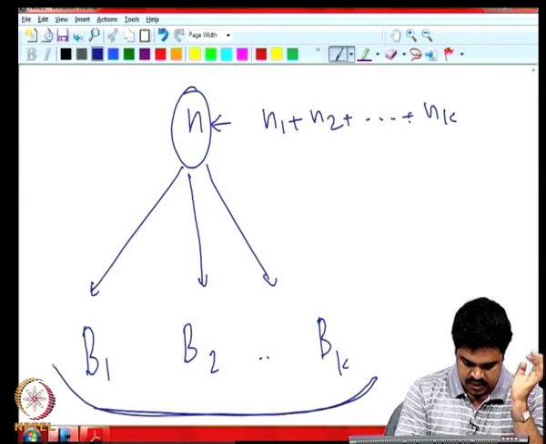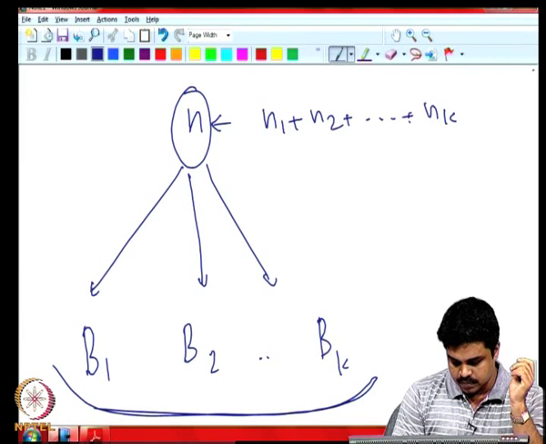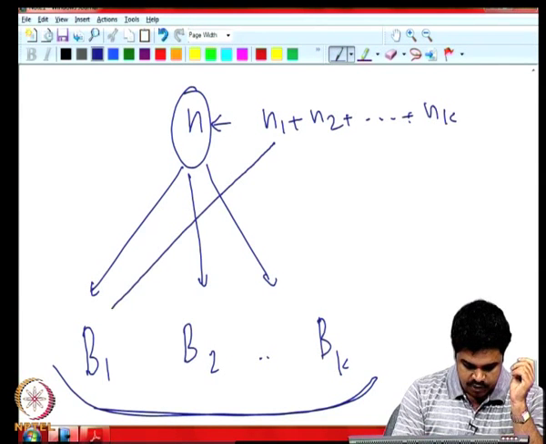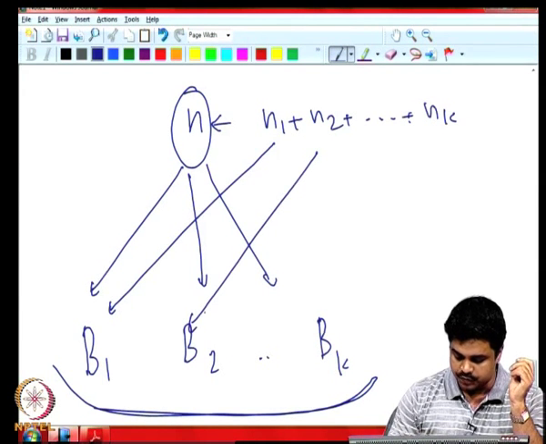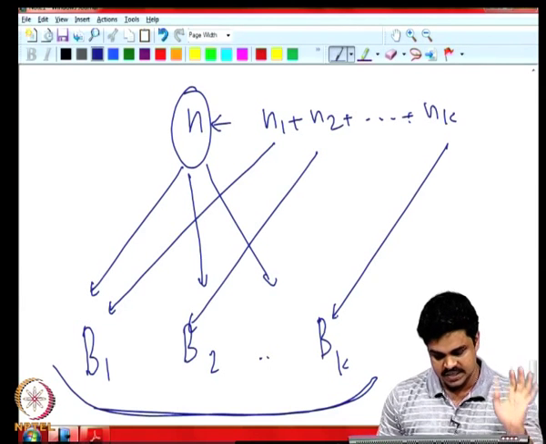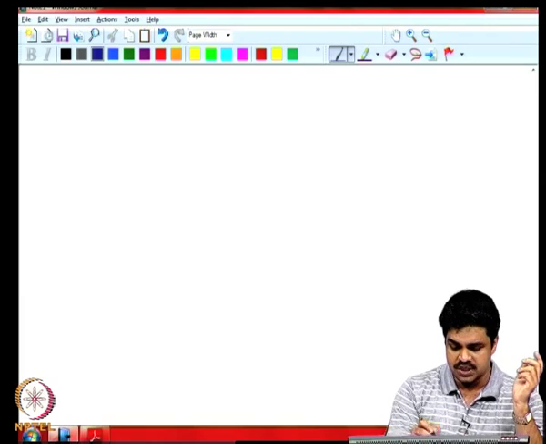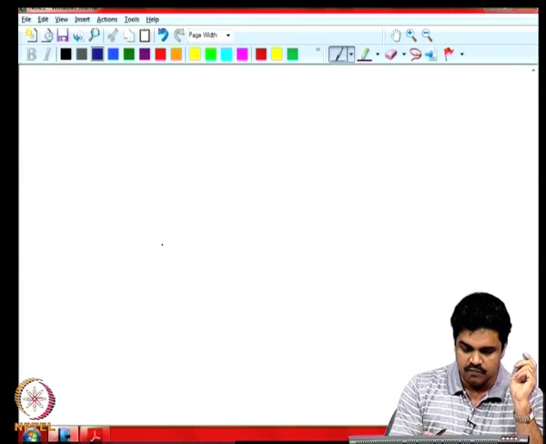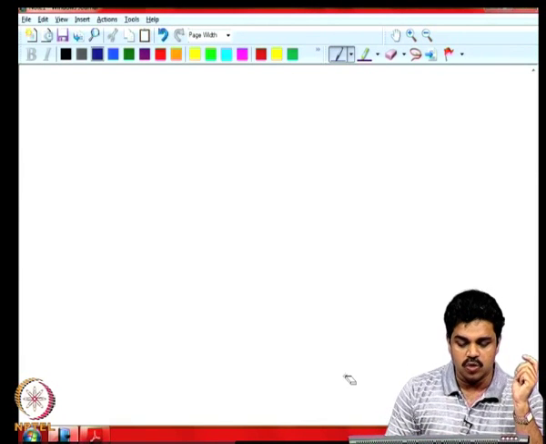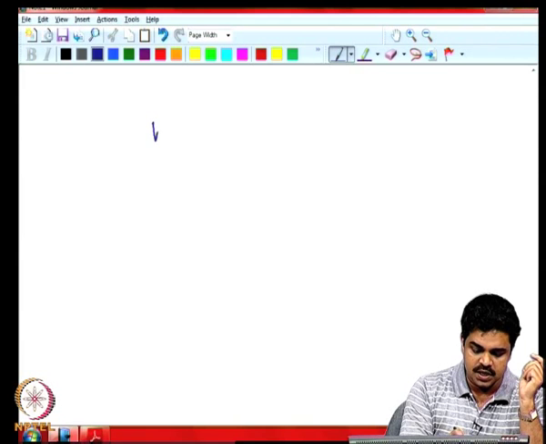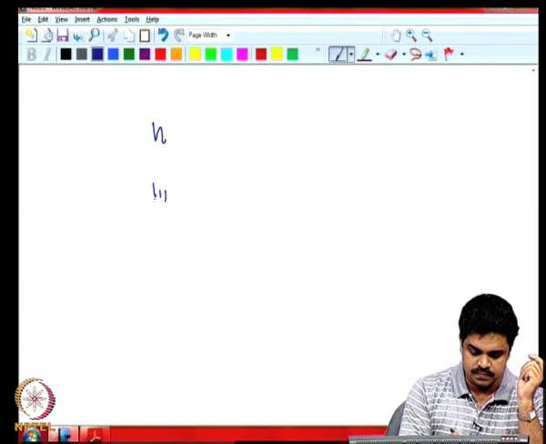But B1 should get n1 of them, B2 should get n2 of them, and Bk should get nk of them. That is the main restriction. How will you do that? Out of the n objects you select n1 things which should be given to box B1. That can be done in n choose n1 ways, right.